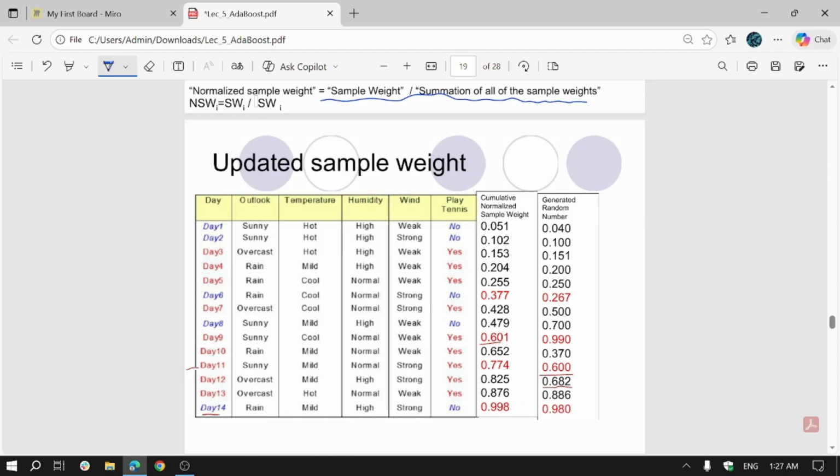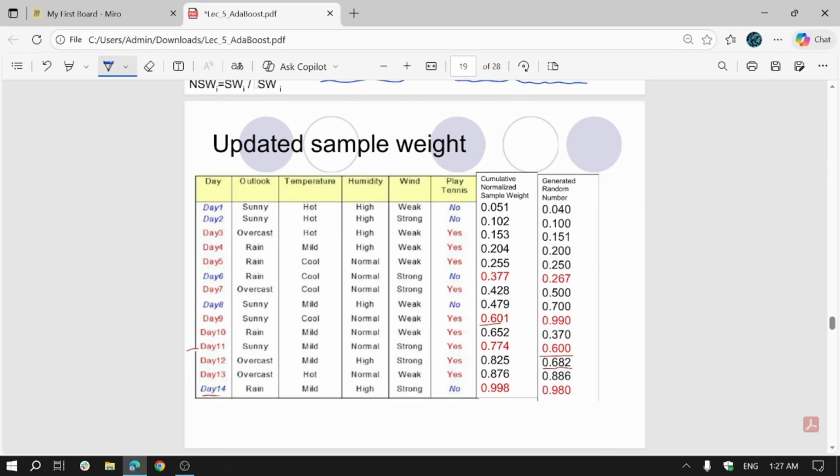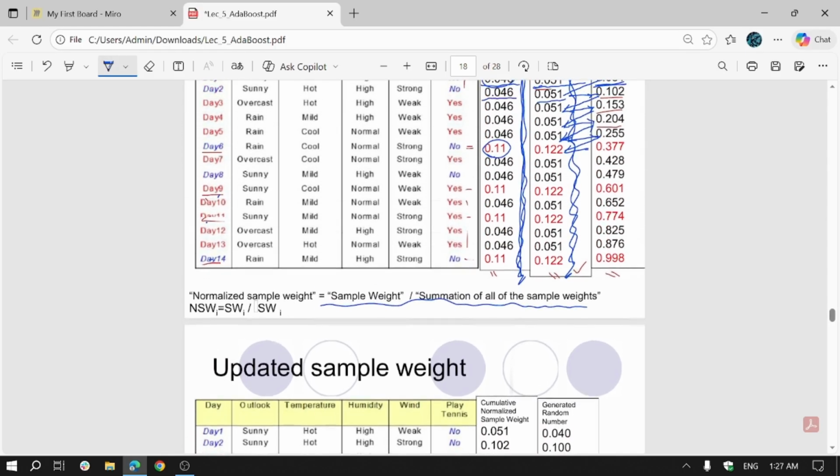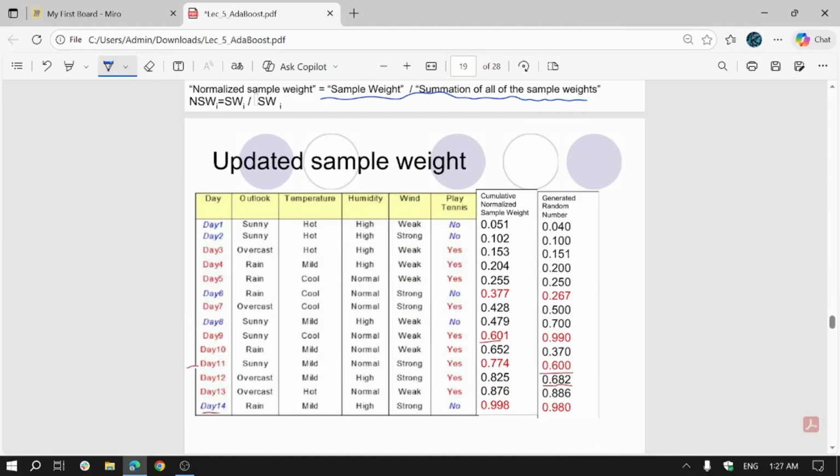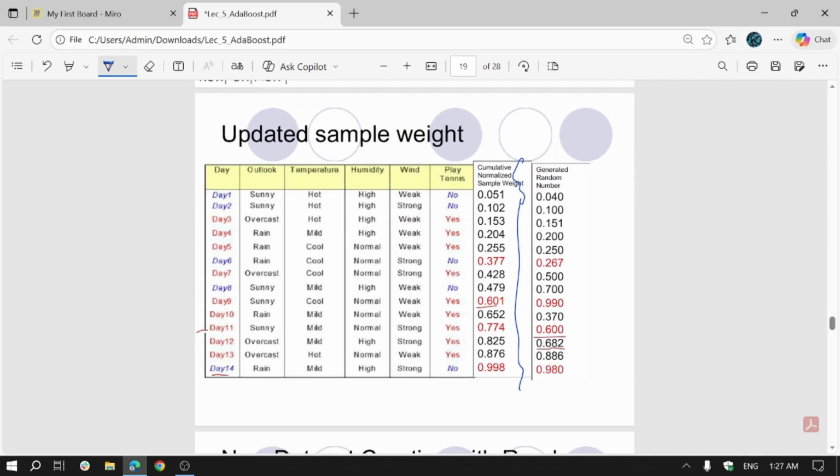So here you can see they have kept the cumulative normalized sample weight only. Then they created a generated random number. How did they create it? For correctly classified data, the distance is so small.